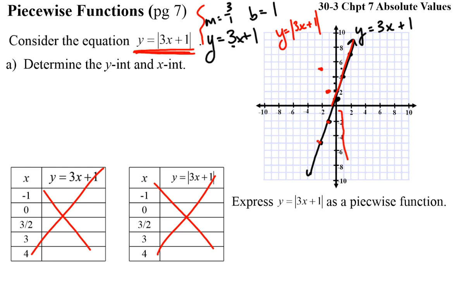Go down to the x-axis, and then we bounce up. And there's the y equals absolute 3x plus 1. Half of the 3x plus 1 graph stays the same, but half of it essentially has to reflect to keep our y's positive. So there's what the absolute graph looks like.